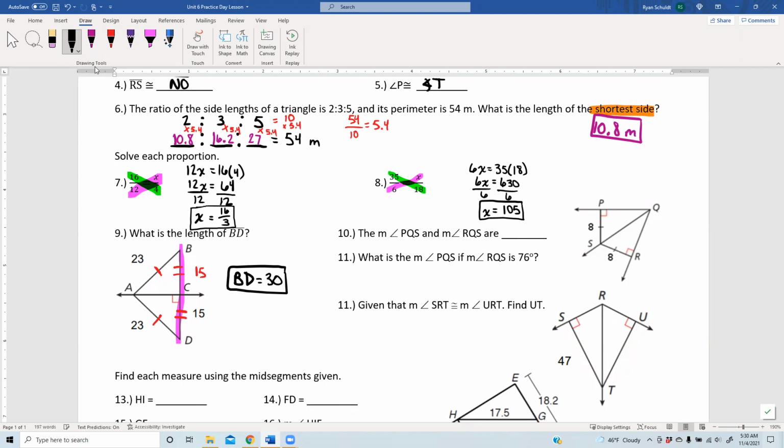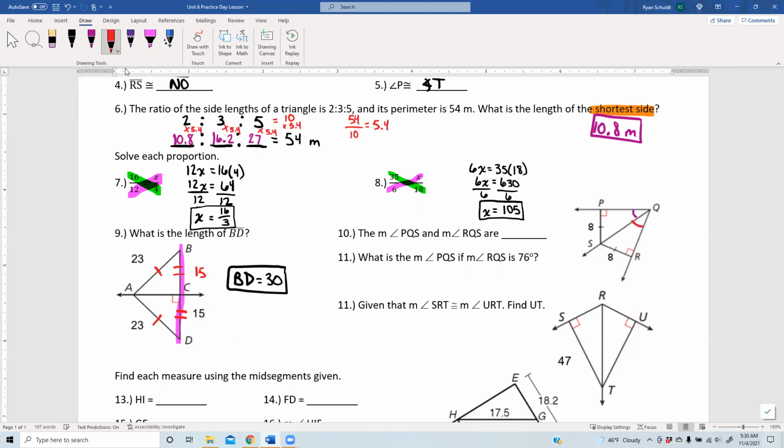In number 10, it says the measures of angles PQS and RQS are blank. PQS is this angle right here. Now, it's not asking what's the actual measure.